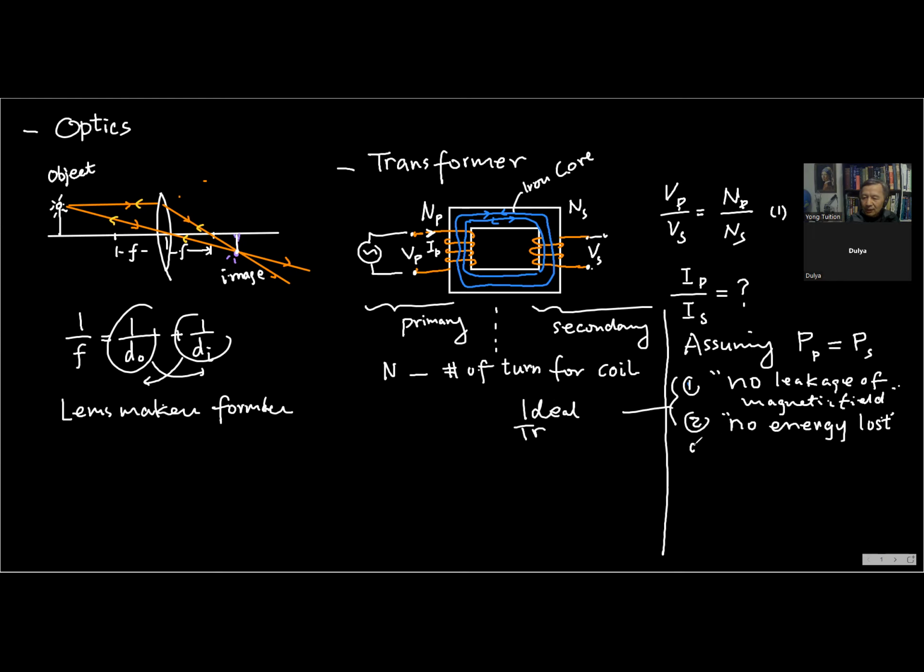So if the conductor is a superconductor, which can operate without loss, okay, that's called an ideal transformer. So this is the ideal transformer condition, okay.